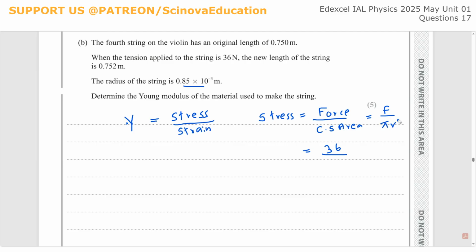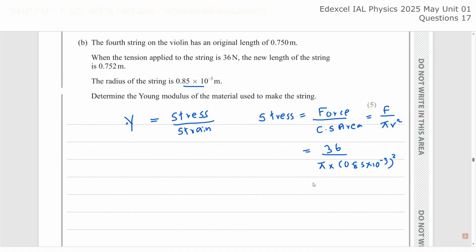Therefore, it gives us pi times 0.85 times 10 to the power minus 3, everything squared. This calculation would lead to approximately a value of 15.9 times 10 to the power 6 pascals.